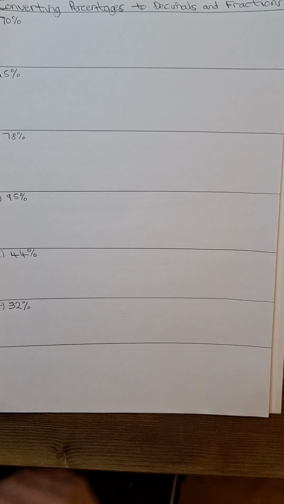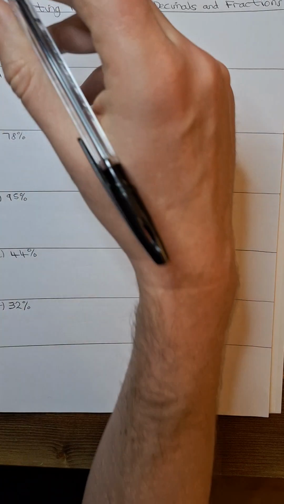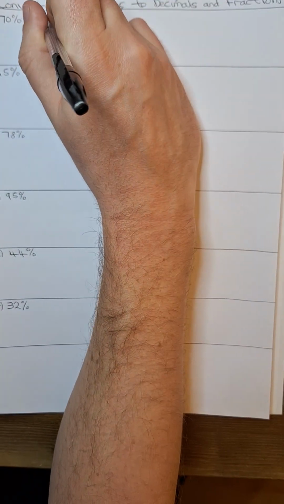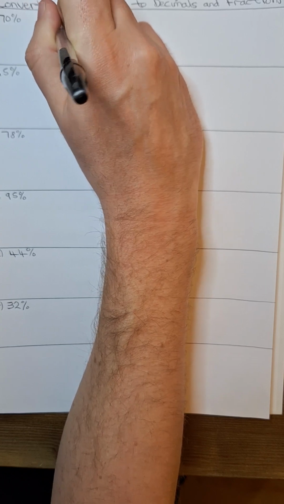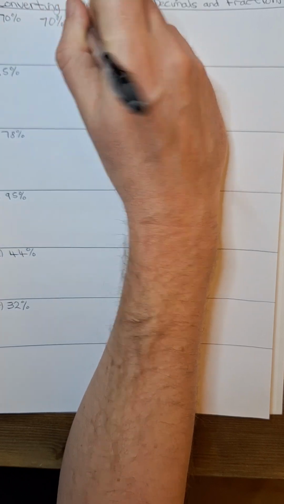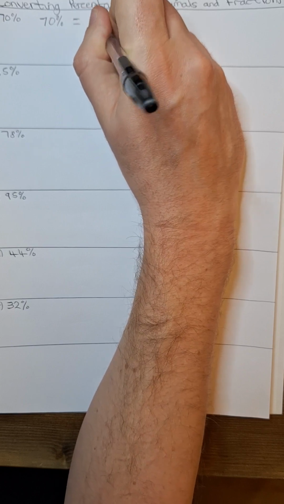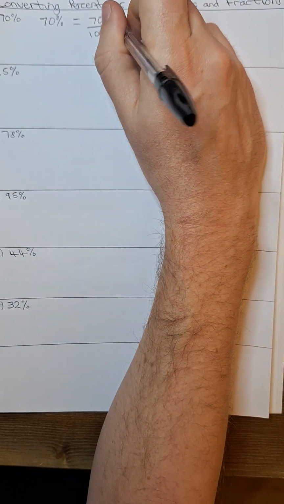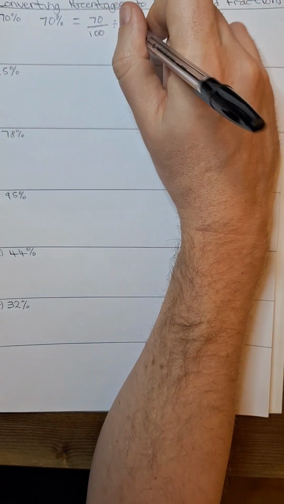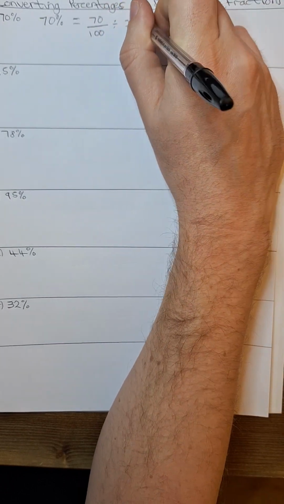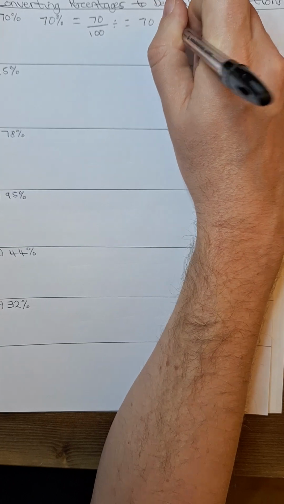Percent means out of 100. So 70% simply means 70 out of 100. This line here, for your note, means divide, so that means 70 divided by 100.